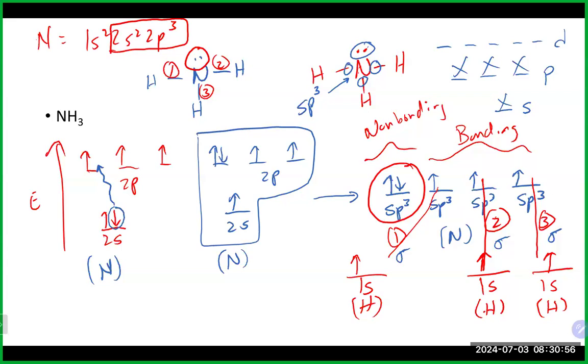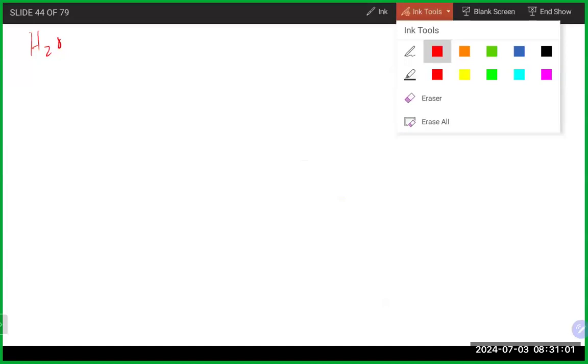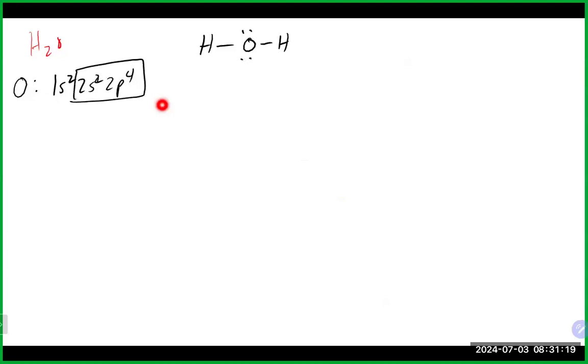So if we look at something like water, for example, same idea here. If we draw water, it will end up looking something like this. And if we look at the electron configuration for oxygen, 1s2, 2s2, 2p4, it's got 6 valence electrons that are going to be involved in bonding.